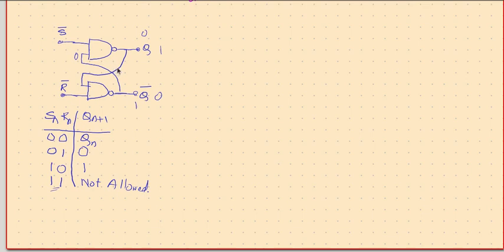So if you want to make this remember a zero, just reset it. It will remember a zero till you set it again. Or if you want to make this remember a 1, then just set this, and this output is going to be 1 as long as you don't reset it.